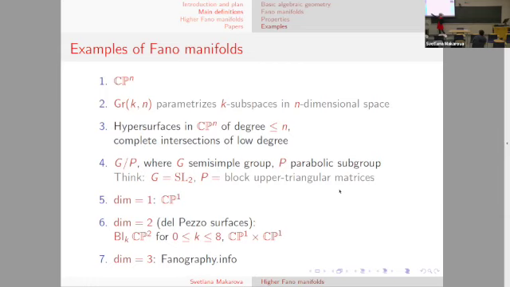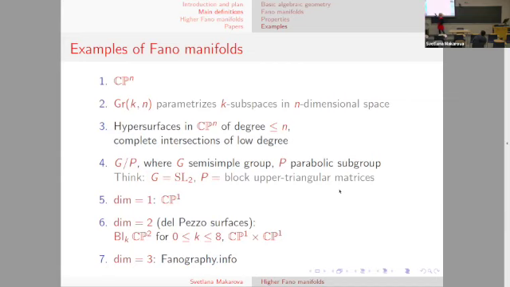We have blowups of CP2 in k points for k ranging from 0 to 8, and the product CP1 cross CP1. Here the blowup in 0 points is just CP2 itself.